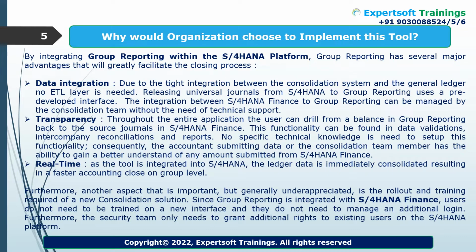As a group reporting consultant, normally we don't post any data in ACDOCA, but as a FICO or GL consultant, we post our data in ACDOCA. As a group reporting consultant, all my data goes to ACDOCU only.